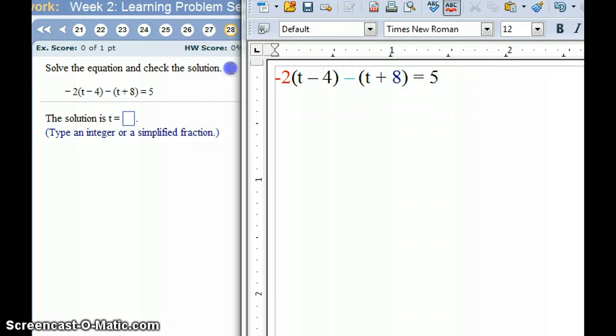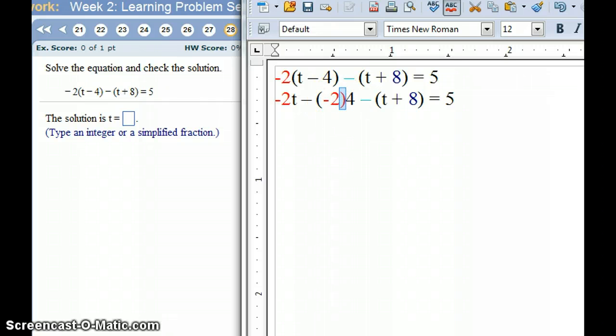So let me just copy this down and we'll change it around. Again, I'm going to multiply the negative 2 times the t. That gives me negative 2t, but I also need to multiply the negative 2 times that 4 in the parentheses, so that I have minus a negative 2 times 4.